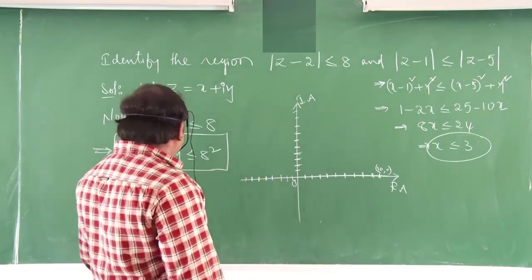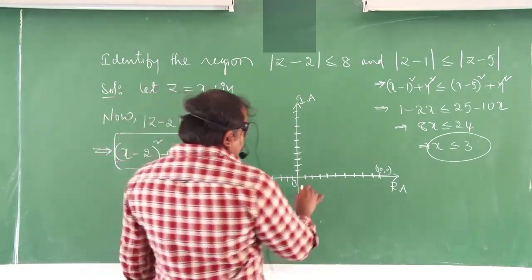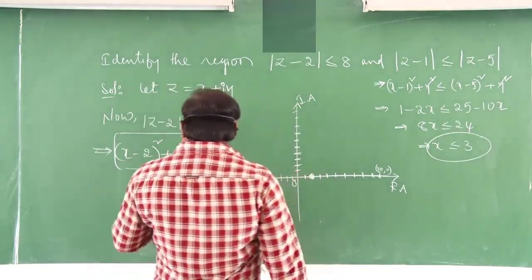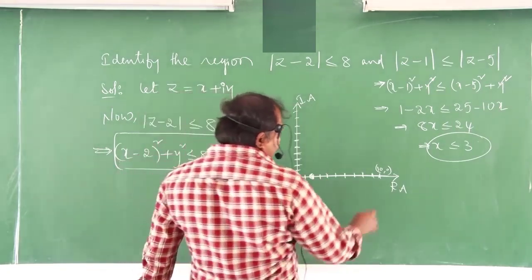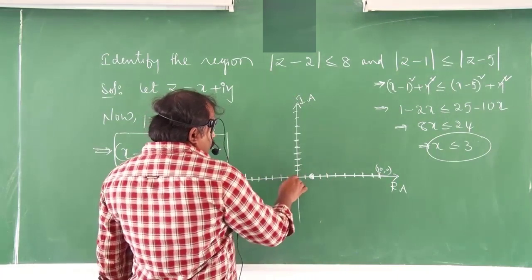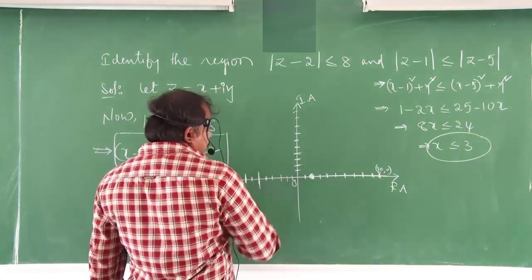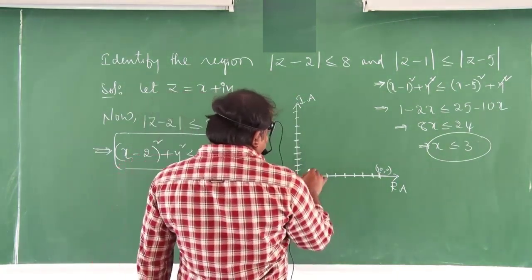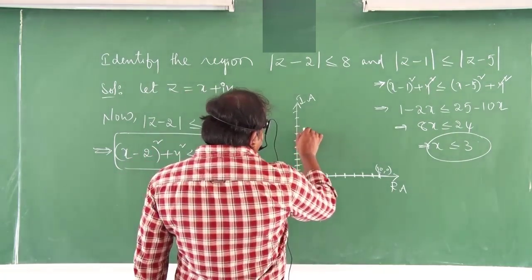You can mark it. What is the center for this one? (2, 0), so (2, 0) is this one. And the radius is 8 units. On this side, minus 6 is the value, and the radius is 8 units.